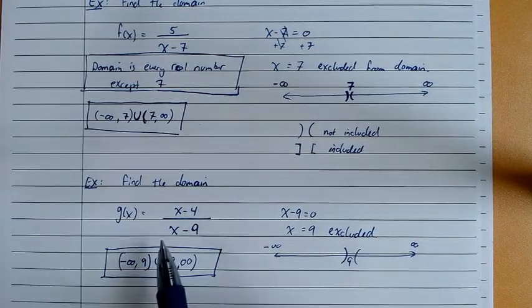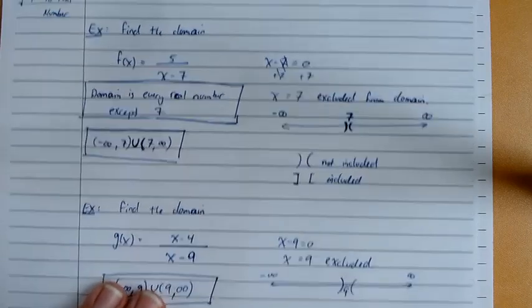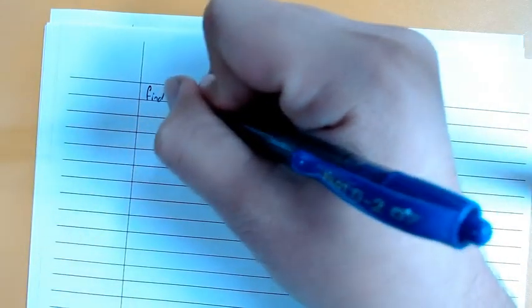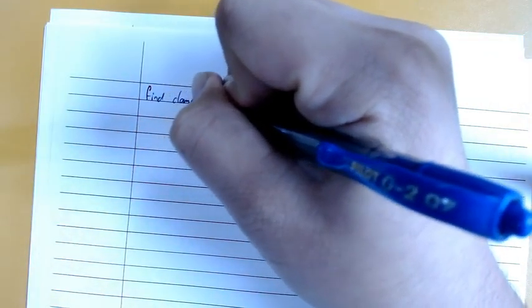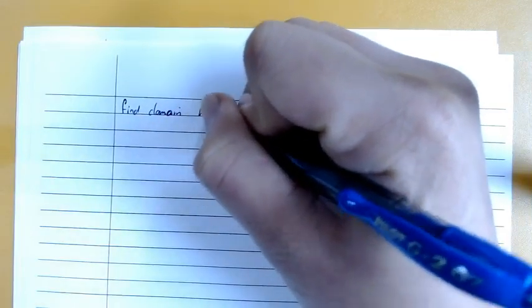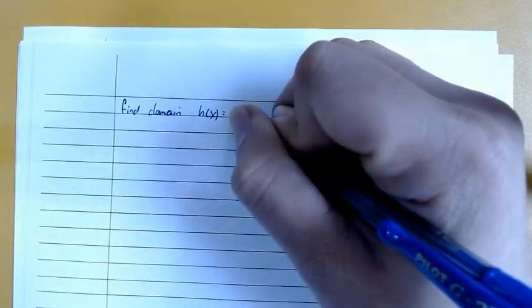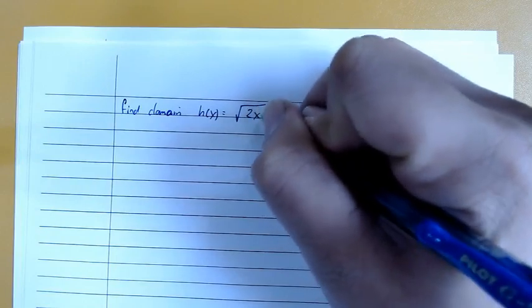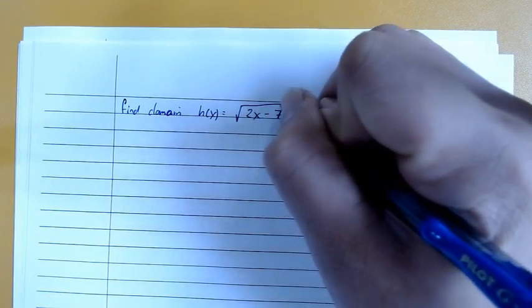Okay. Square roots, you're going to have something similar. Let's go ahead and find the domain of h of x is equal to the square root of 2x minus 7.